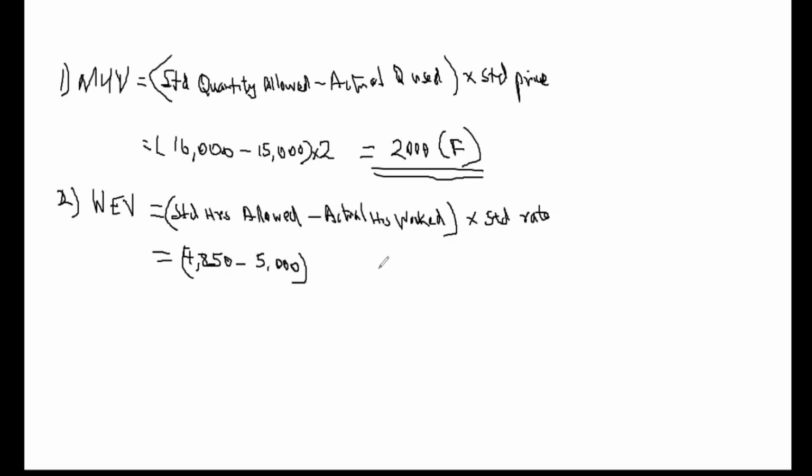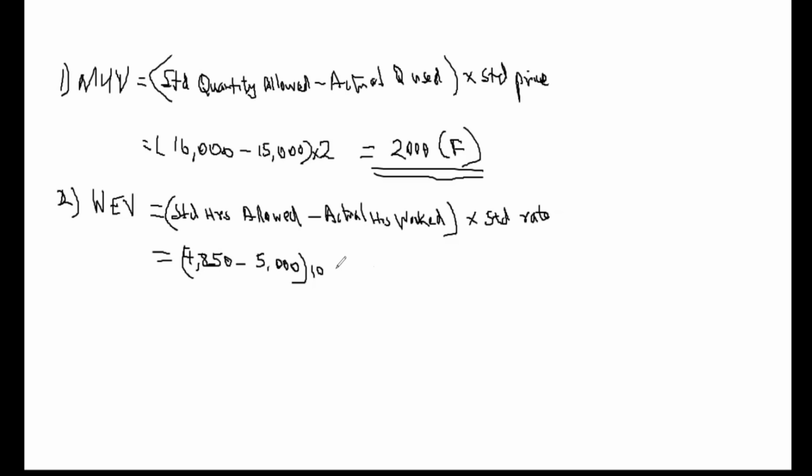Standard rate per hour is 10. So you do the minusing first, you open the bracket first. 4,850 minus 5,000 gives negative 150.